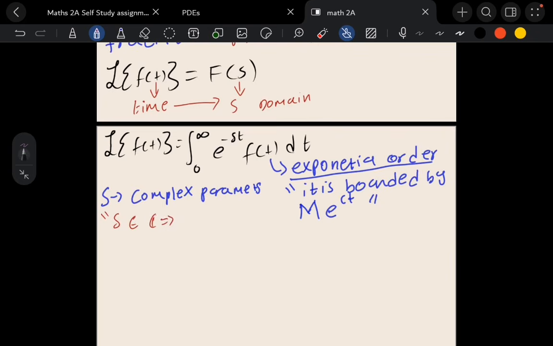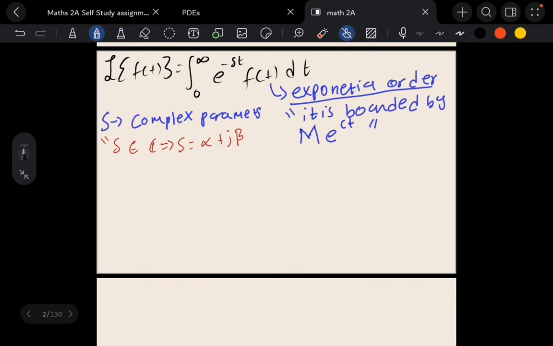So s is equal to alpha plus j beta. From now on, we are not going to use a and b, but let us just have this idea of alpha and beta.